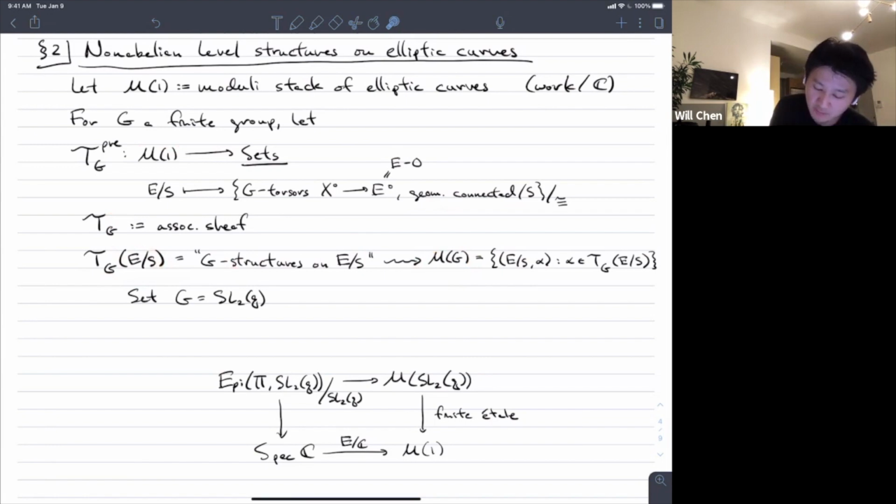Because this is a sheaf landing in sets, this will always give you a stack which is representable over M1. In this case, this is just the stack whose objects, roughly speaking, are pairs: an elliptic curve together with alpha, where alpha is a G structure. Again, alpha is étale locally on S given by a G torsor on the elliptic curve, only ramified over the origin.